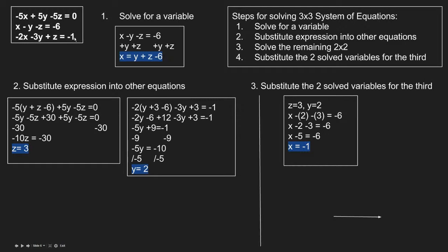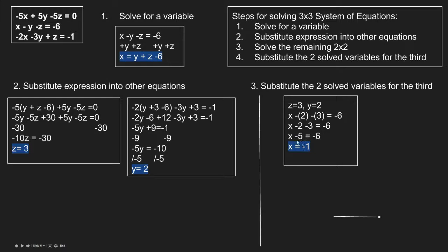So what we're going to do is substitute the z and the y with 3 and 2 in this middle equation here. So x minus 2 minus 3 equals negative 6. And then x minus 5, because when you combine these you get negative 5, equals negative 6.